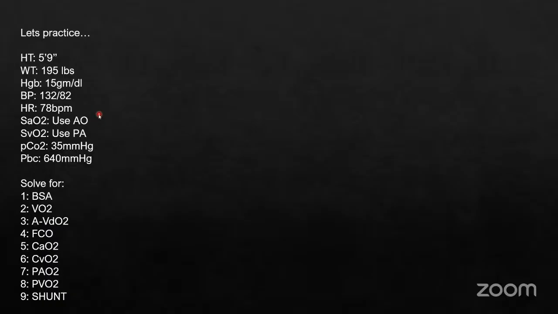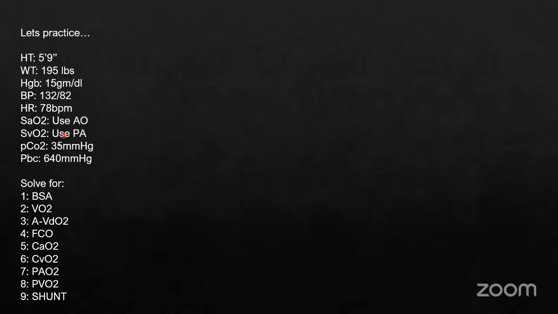And because I'm going to work on my diagrams with diagram A, correct? Okay, so on diagram A, it says here, use AO. Do I have AO on my diagram? Saturation?